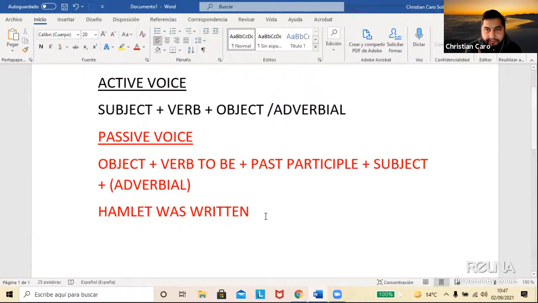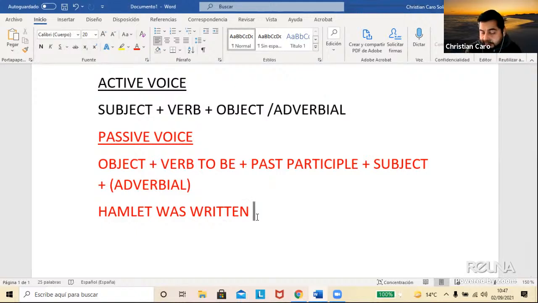If you read this, you notice that there's something missing, right? Hamlet was written. All right, everybody knows that Hamlet is a book, and actually it was written because we've seen it, right? But still, we feel that the idea is incomplete.